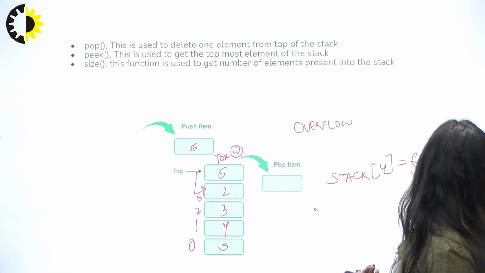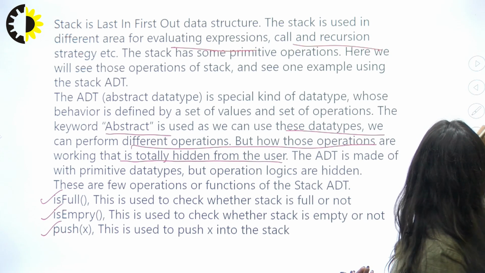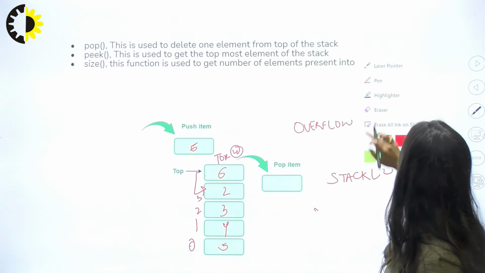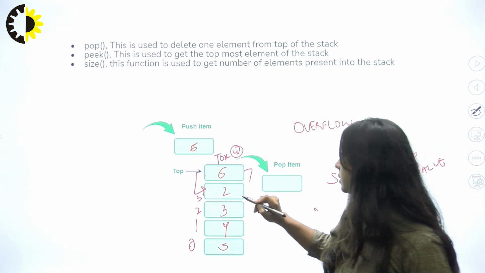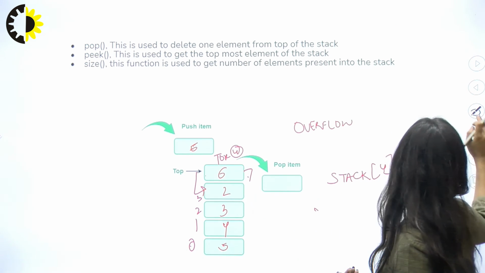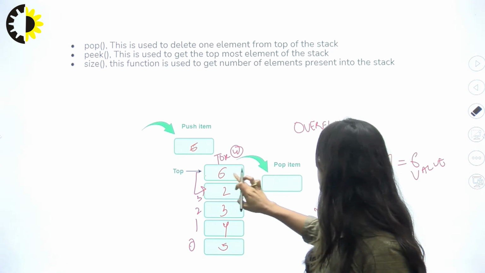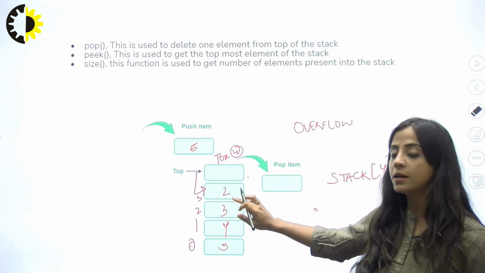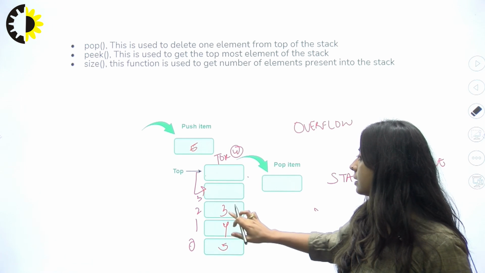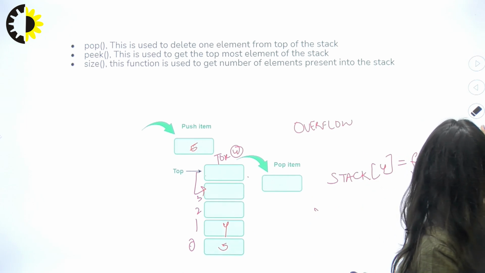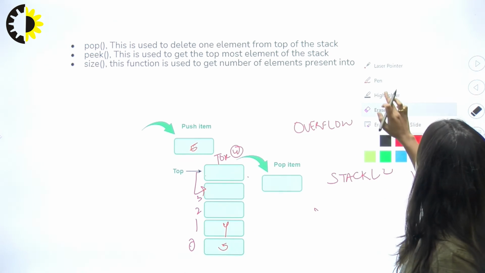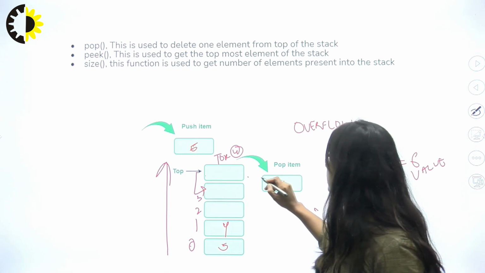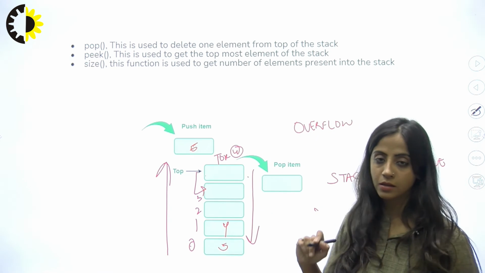This will be the element which will be deleted. And the next element to be deleted will be this one, then this one. So what I am trying to tell you here is that the insertion will be done in this manner and the deletion will be done in this manner.